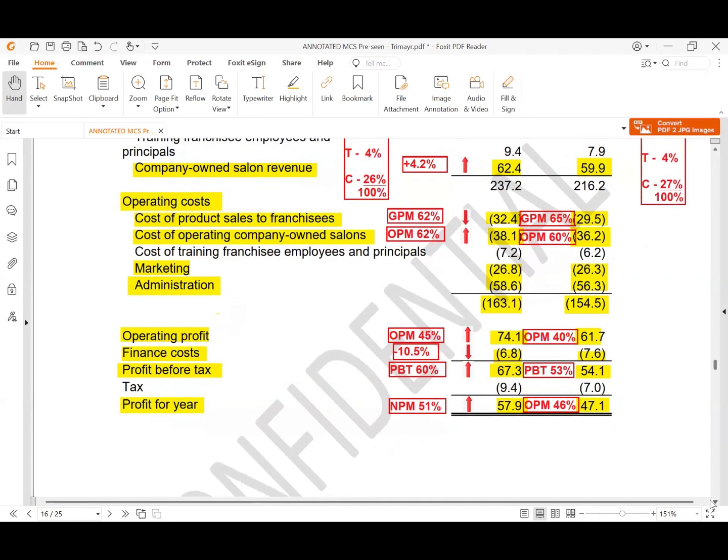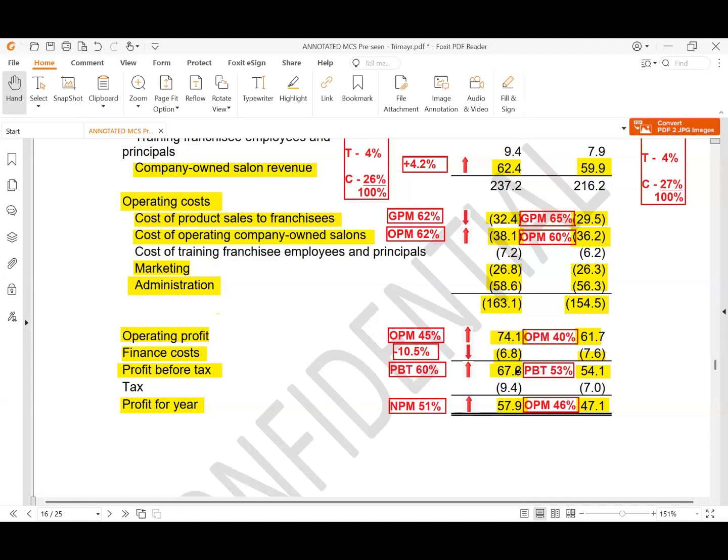Moving down the page, any other good news? Well, broadly, everything's good news. Operating profit, no massive change year on year. None of the changes year on year cause me any interest at all. They're all solid. Note also finance costs, a drop in that. And you'll see that's reflected within the statement of financial position, because it looks highly likely they have paid off some borrowings in the year, which doesn't surprise me, because anyone who's had a close look at the financials and the balance sheet will know that their gearing is fairly high for a non-asset heavy business.